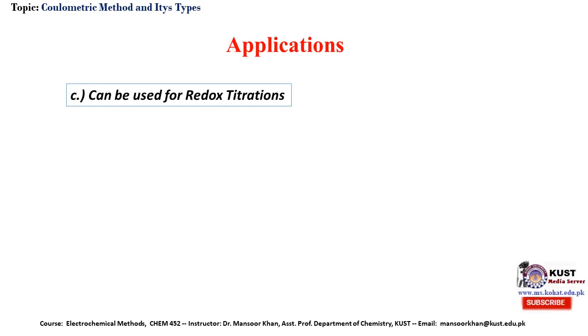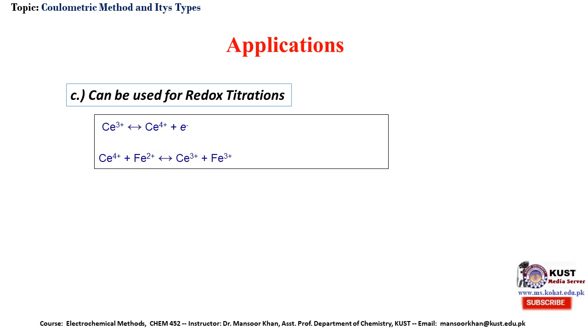It can also be used for redox titration. In redox titration, reduction and oxidation take place. Here cerium plus 3 goes to cerium plus 4 by the release of an electron. So the process is oxidation.